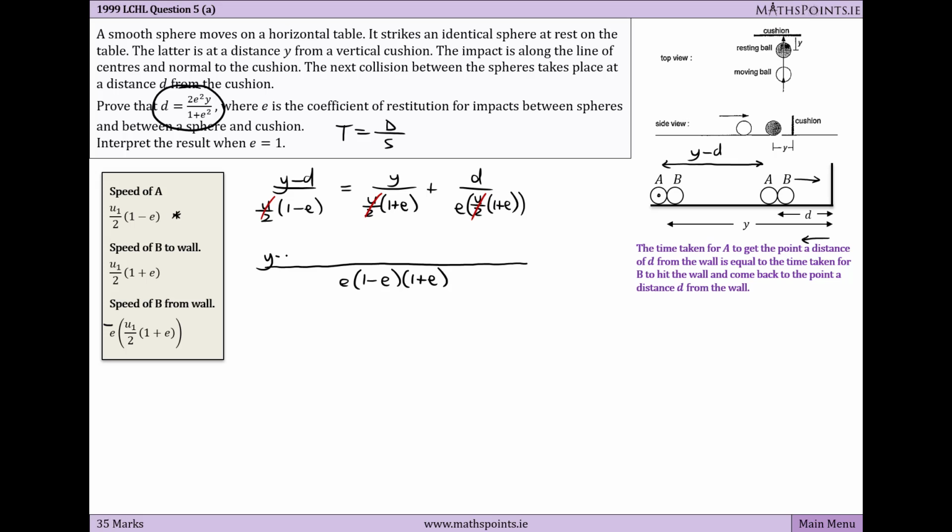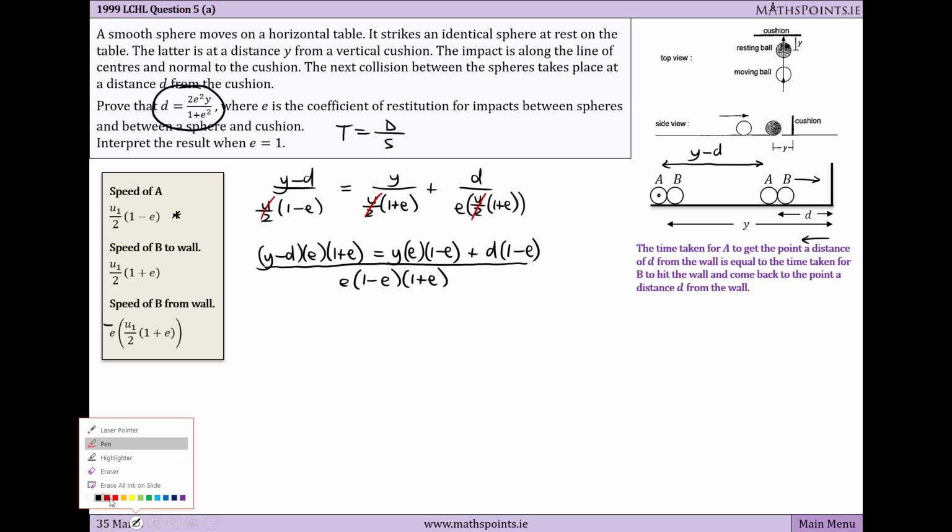So I'm going to multiply y minus d by e by 1 plus e. And that's equal to, if I divide 1 plus e into e on 1 minus e on 1 plus e, I get e on 1 minus e. So I'm going to multiply y by e by 1 minus e. And then if I divide e on 1 plus e into e on 1 minus e on 1 plus e, I get 1 minus e. So I'm going to multiply d by 1 minus e.